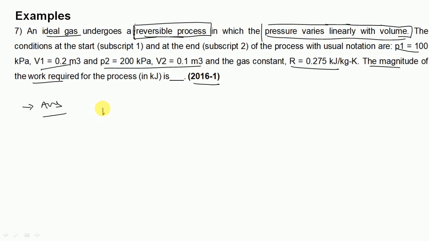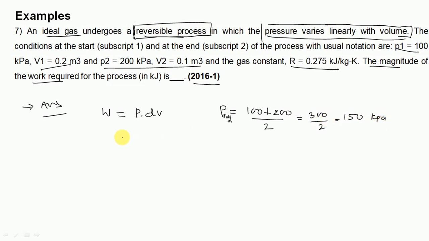Here we have the simple equation of work done, P dV, pressure into change in volume. But here you cannot directly use P1 or P2. Here we are taking the average pressure, because the pressure values change. So P1 is 100 and P2 is 200, so 300 divided by 2, which becomes 150 kilopascal.